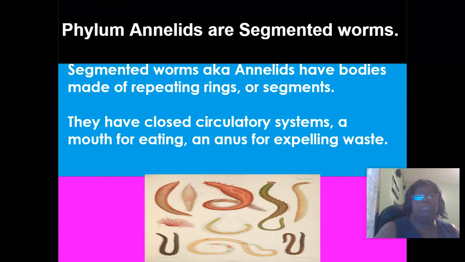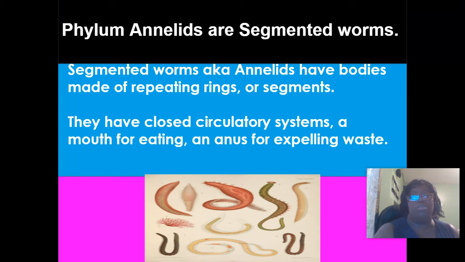Now we're going to get into another phylum called annelids. So annelids are still invertebrates. They're segmented worms. Segmented worms, aka annelids, have bodies made up of repeating rings of segments. They have closed circulatory systems, so we're getting into more complex animals that have circulatory systems like we do.